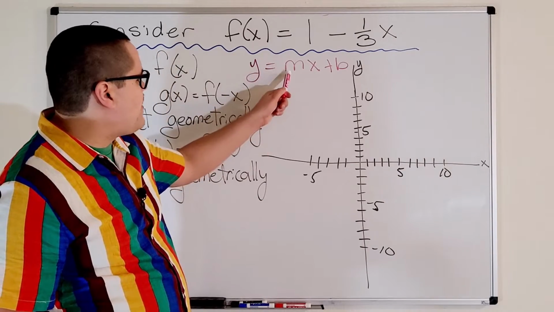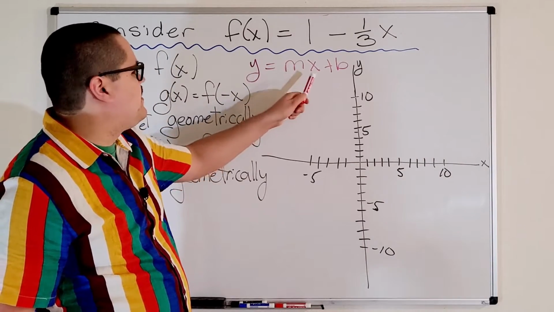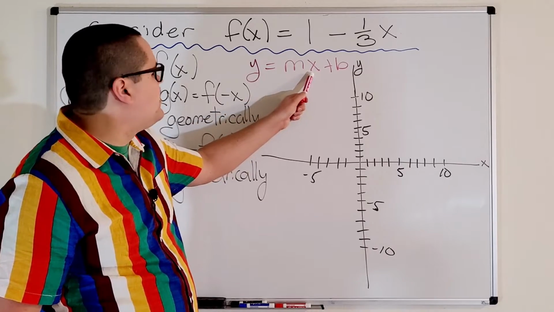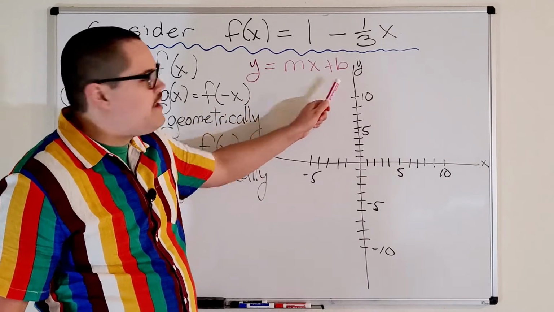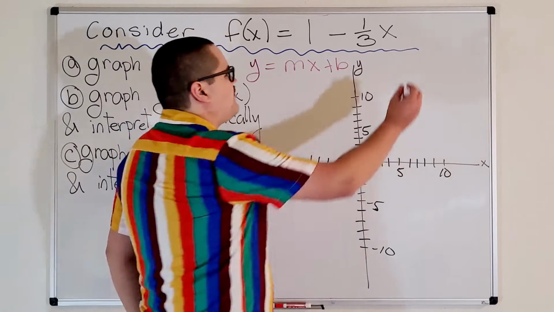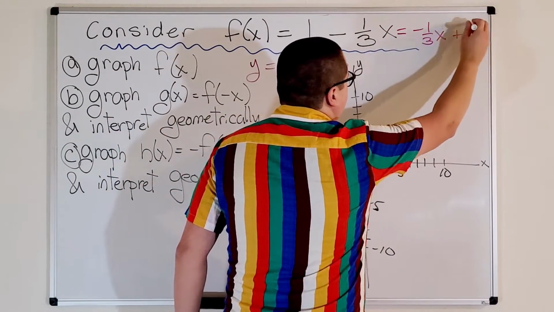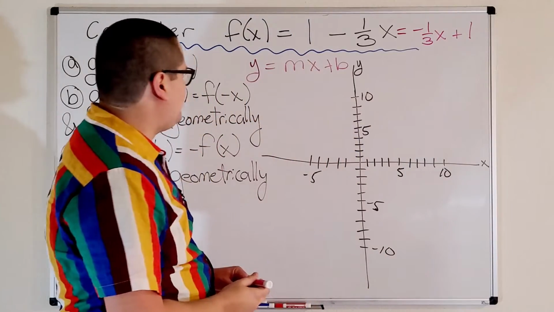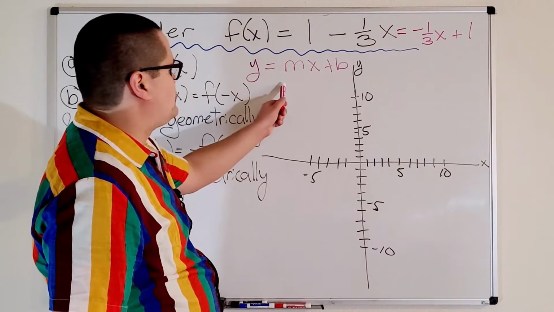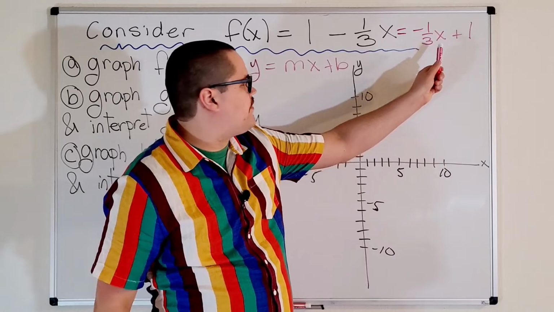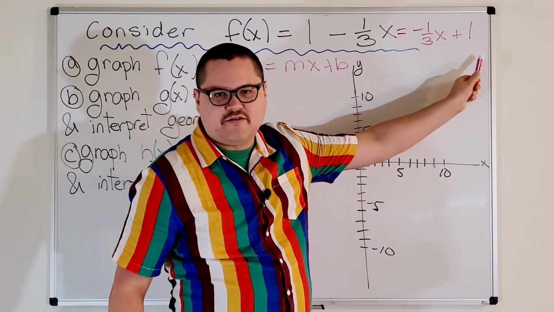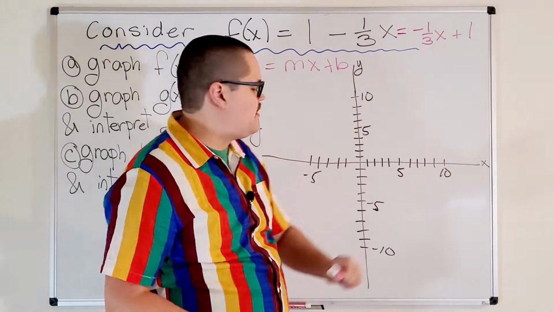So remember, m, the slope, is always the coefficient of x, and b is the other thing. So usually we would write this as negative 1/3 x plus 1. Okay, so the slope is negative 1/3. The y-intercept is plus 1.